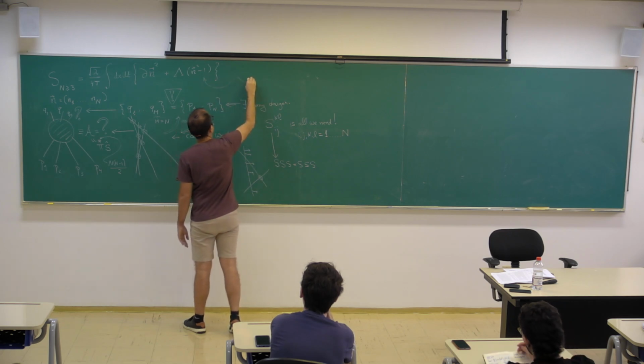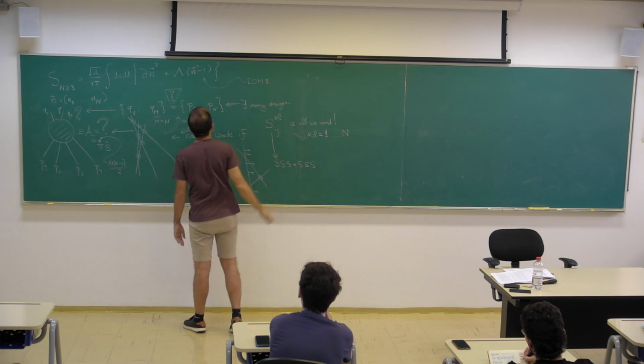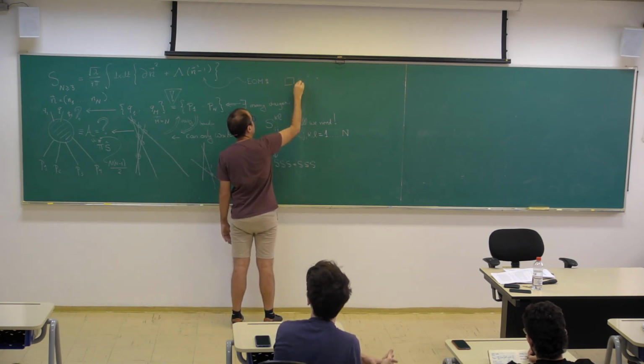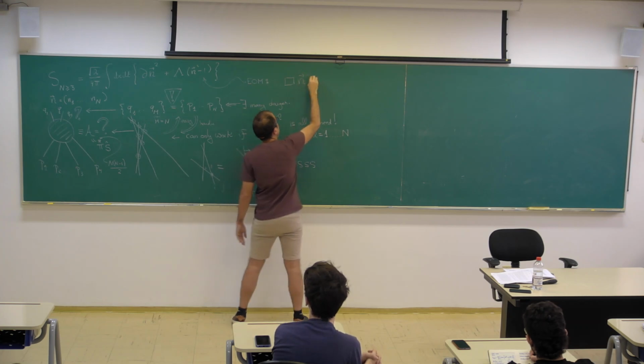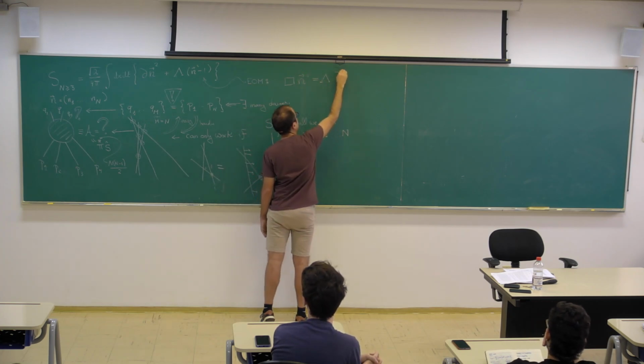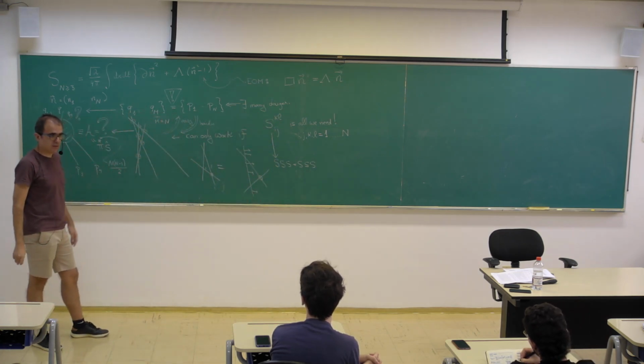Let's write the equations of motion for this model. And the equations of motion are what? It's box, or Laplacian, of n is equal to a Lagrange multiplier times n. Do you agree? I just derived the equation of motion.